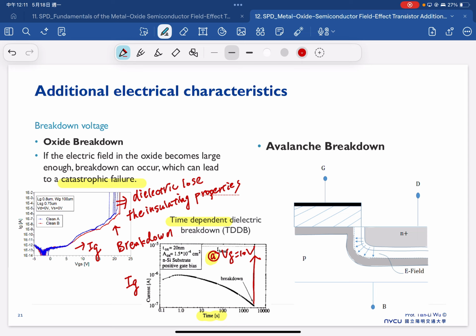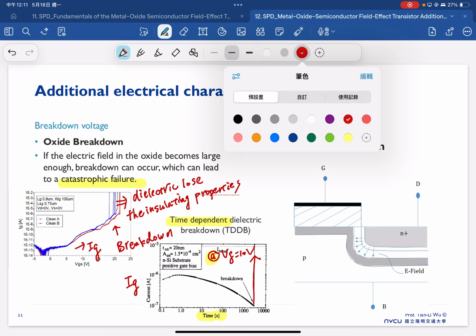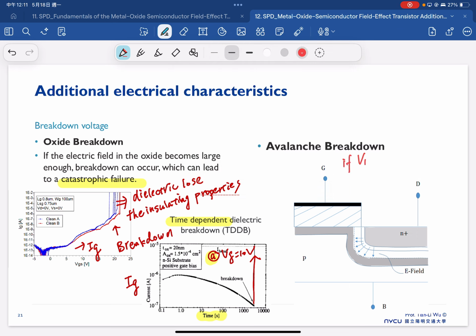And another typical breakdown is what we call the avalanche breakdown. The avalanche breakdown is mainly because if we have a VD that is large enough, that can trigger an avalanche breakdown.